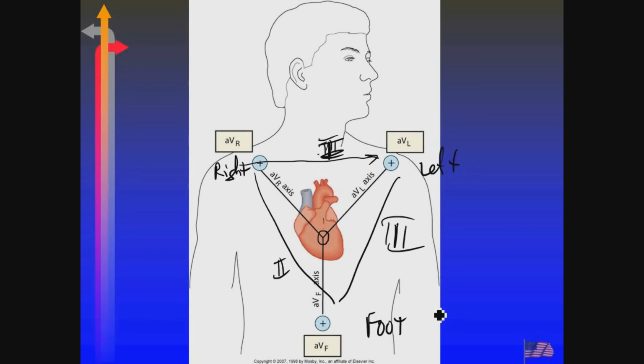I'm looking at the heart from 3 different leads. What do you notice about AVR? Starts here, goes off to the right shoulder. What do you notice about that direction? It's exactly opposite of lead 2, isn't it? So how do you think the ECG would look?